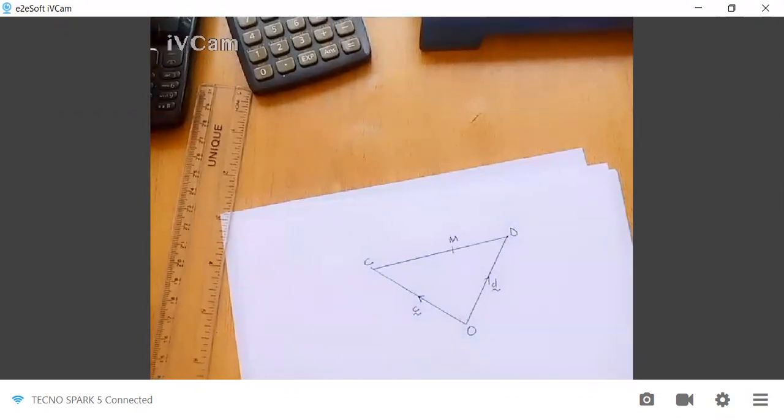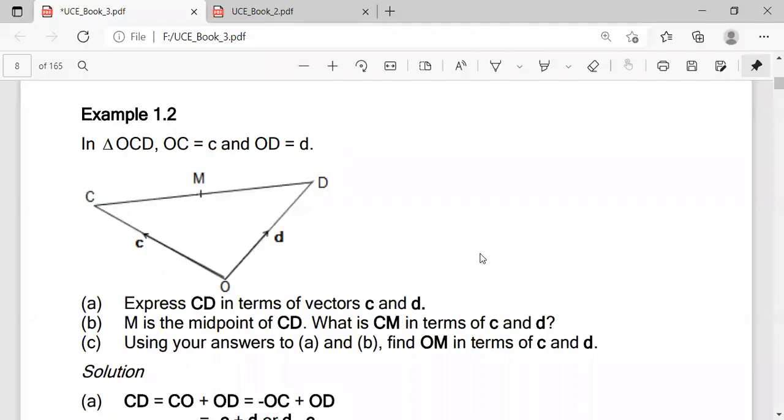Okay. Now, what are they telling us to find? So OC, write it, it is C, and the OD, write it, it is D. So they're telling us to express CD.